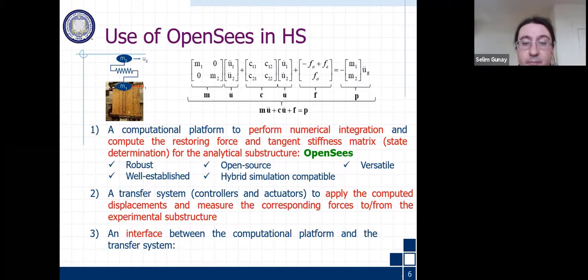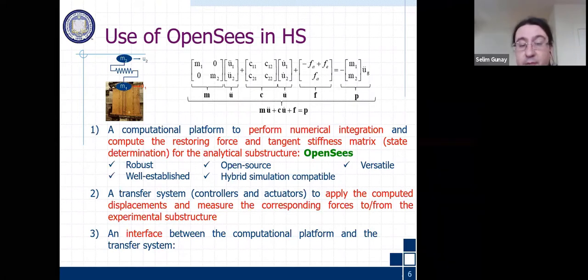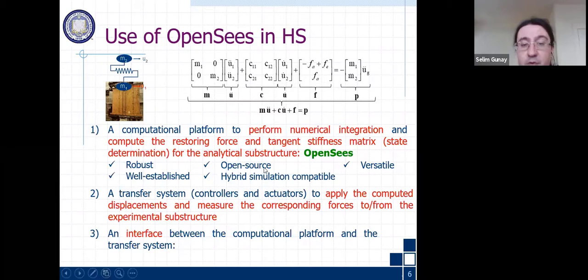And the documentation is a bit less compared to others, but OpenSees includes these types of hybrid simulation compatible integration methods. And let's consider a case that we want to use another method. Since the platform is open source, we can implement that new integration method. So that is the advantage.